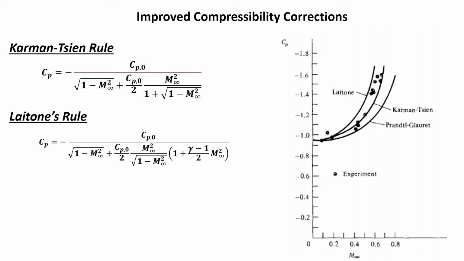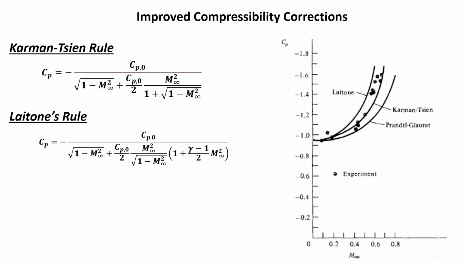We can see in the Mach number range less than 0.6, the Karman-Tsien rule is closer to the experimental data, and for the Mach number above 0.6, we can see the experimental data actually stays between the Laitone's correction and the Karman-Tsien correction.